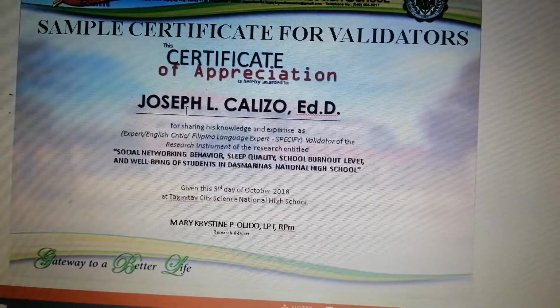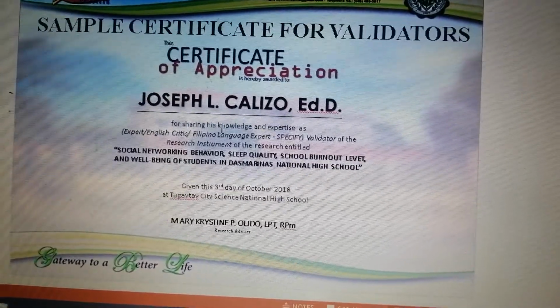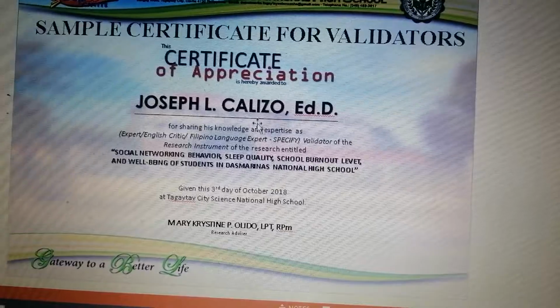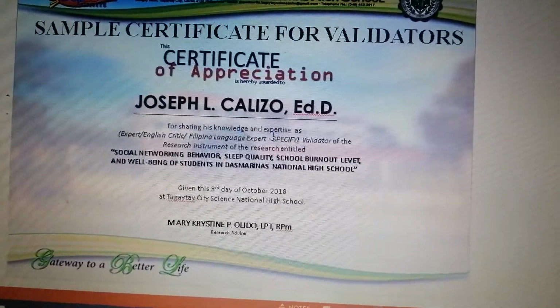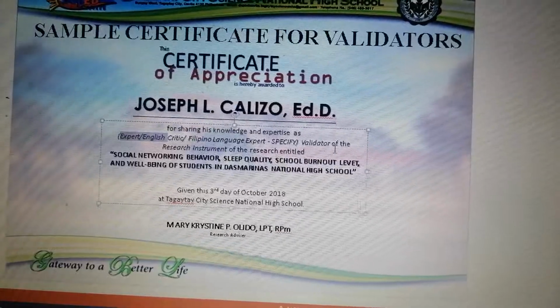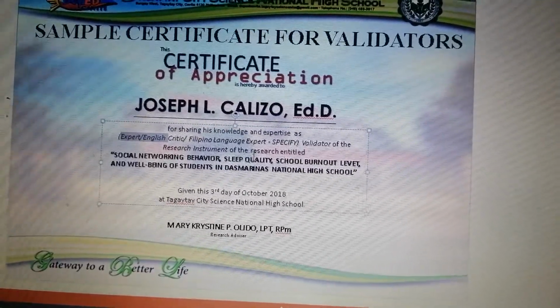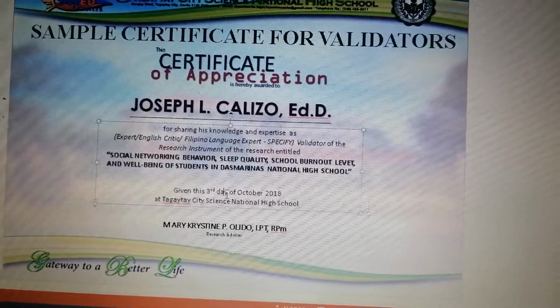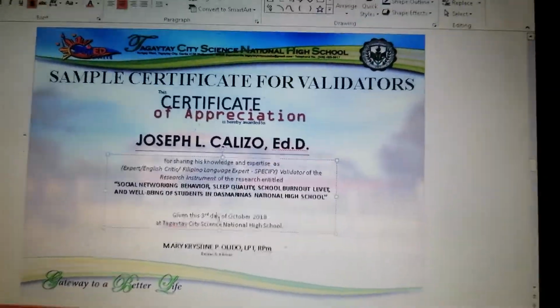So you just have to edit the contents. So, for example, certificate of appreciation for Ma'am Rema for sharing her knowledge as expert validator of the research instrument for the research entitled, then your title. So, ibabaguhin nyo lang yung information. So, that's it for the validation.